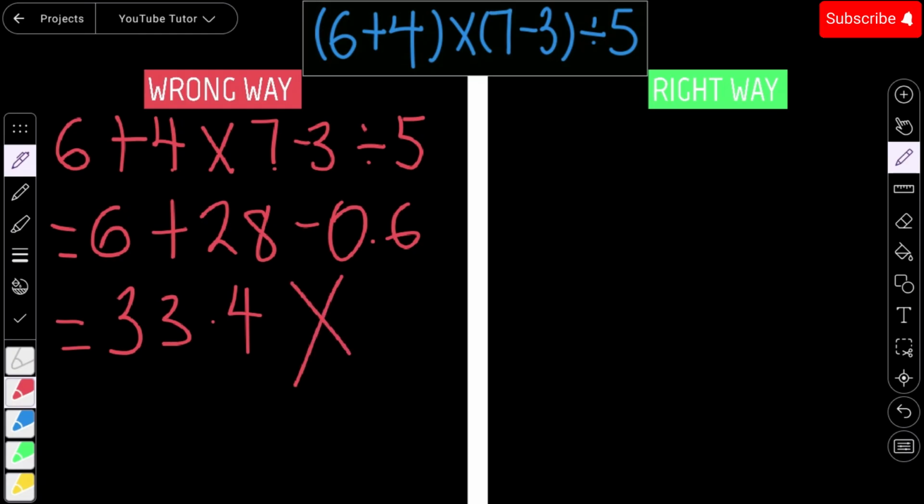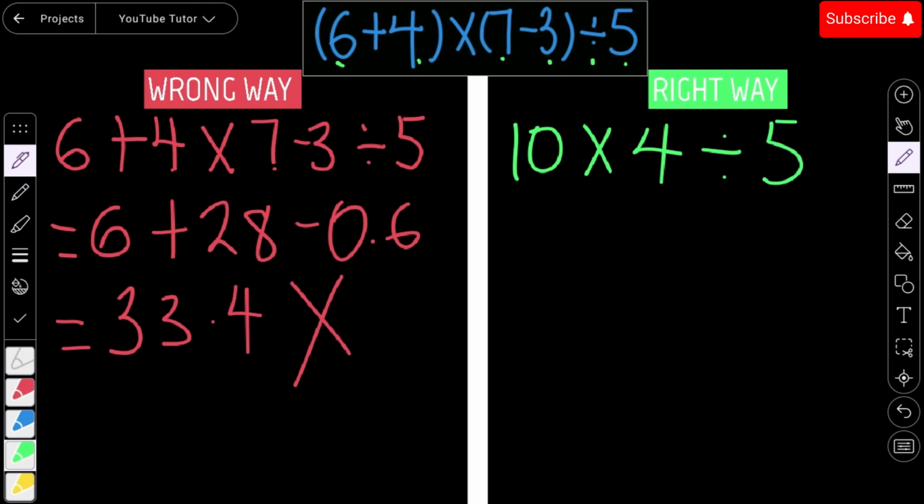The right way to do it is by taking 6 plus 4, which gives us 10 right away. Now this 10, you multiply it by the next value, 7 minus 3, which gives us 4. Now the next thing you do is divide it by the next value, 5.